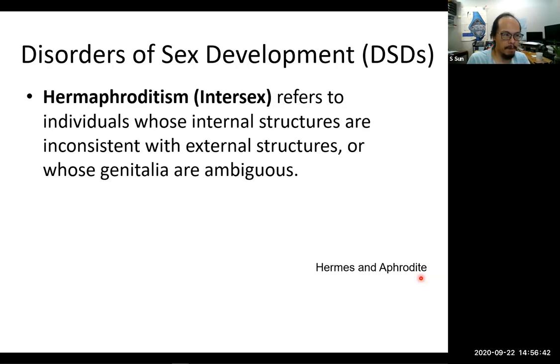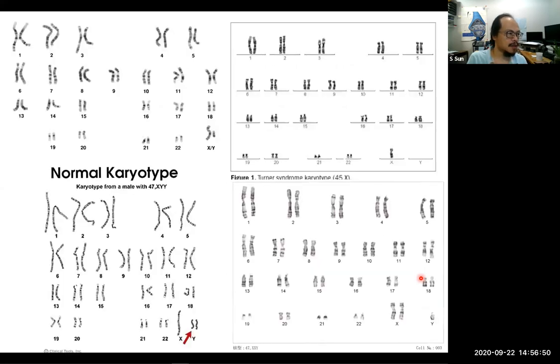So let's look into the common DSDs that we may see in the clinic. Here is a karyotype. This is the first step to examine if there's any concern about sex development disorders. When we scan the chromosomes, we have 23 pairs of chromosomes in any cells.